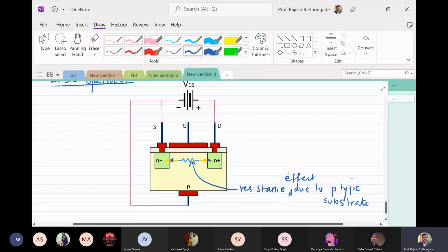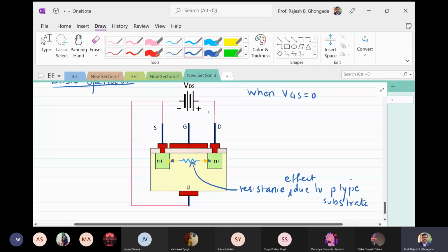All right. Now, as we start, when VGS equals 0, there is no voltage applied to the gate. Even if you want, you can short it. And voltage is applied between the drain and the source like this. What will happen? Will the current start flowing?